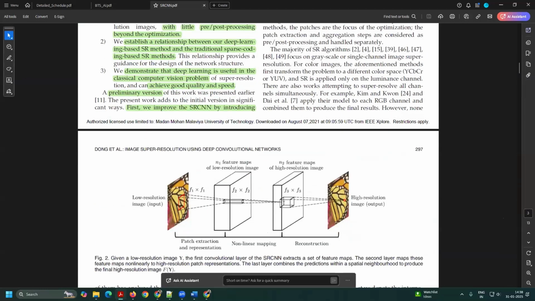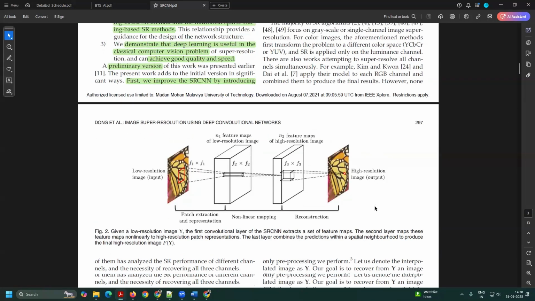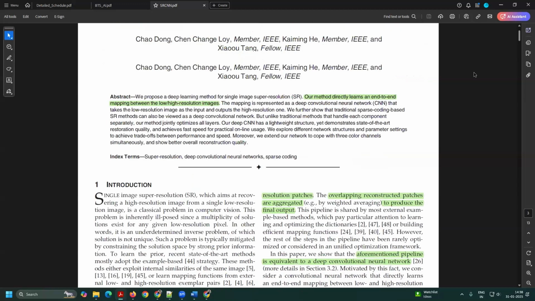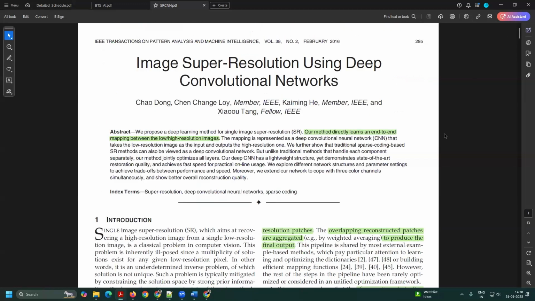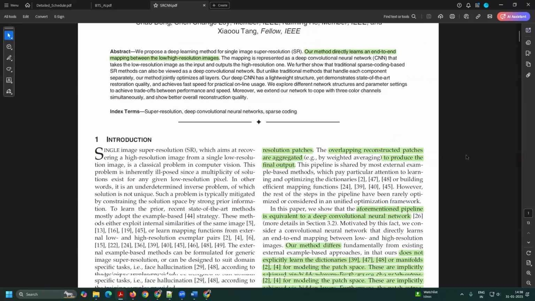Okay. So this is one of the landmark papers published in IEEE Transactions on Pattern Analysis and Machine Intelligence in 2016. This paper is a landmark since it first utilized a convolutional neural network, a deep learning based architecture, for this task.